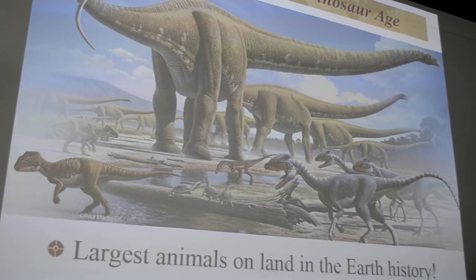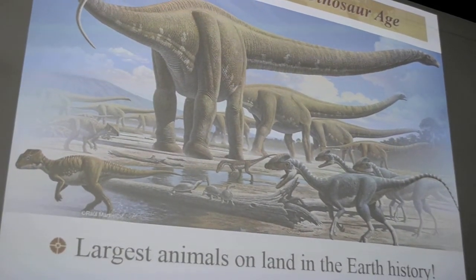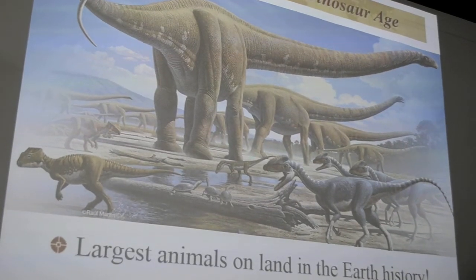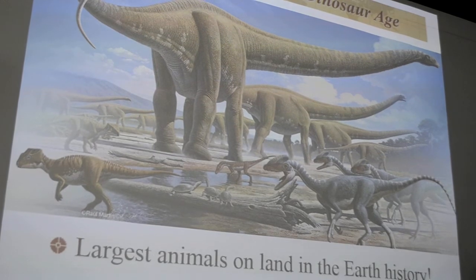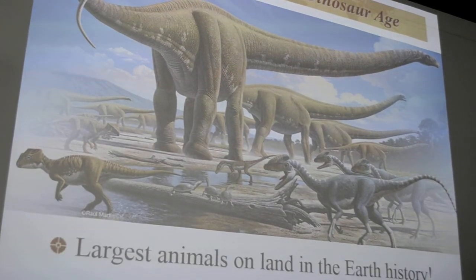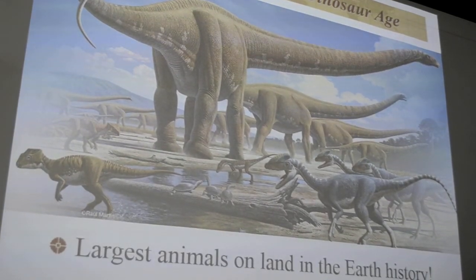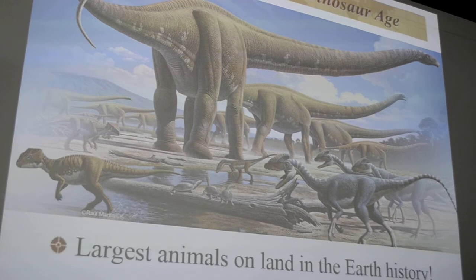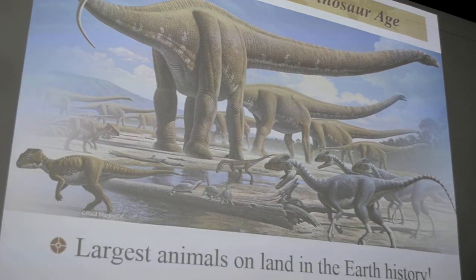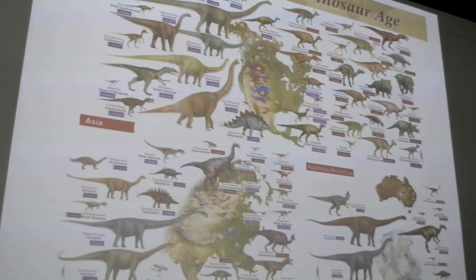That is the first reason why I came to Mongolia to study many of the dinosaur localities. And then I'm also interested to know what the climate or environmental condition was during the age when dinosaurs lived. That is actually a reason why I studied the Cretaceous.